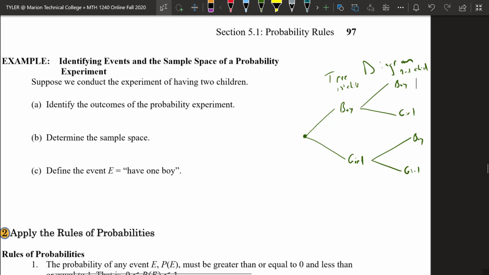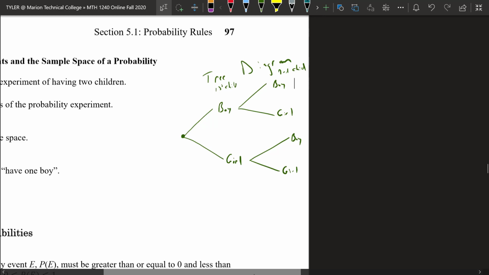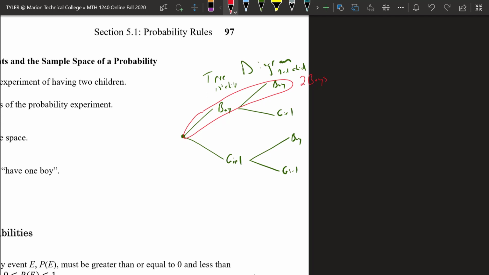And then what we could do is name the outcomes. So if I had a boy and then a boy, right, that's one possible outcome. In other words, I have 2 boys, right? I could also follow this where it goes a boy first and then a girl. So this would be boy, girl, right? And so instead of writing out 2 boys, let's denote it using letters.